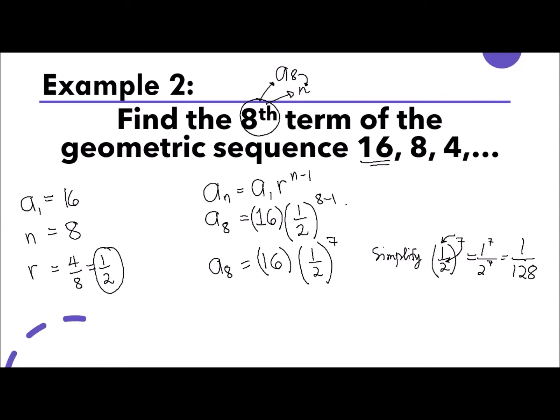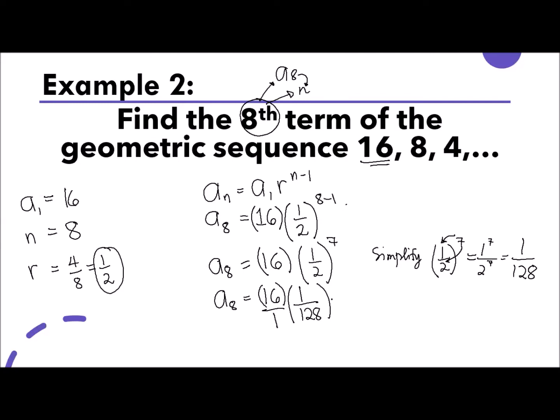Okay, let's move on. So, we're going to simplify it now. A sub 8 is equal to 16 times 1 over 128. Then like what I've said to you a while ago, on the last video, dahil whole number ang 16, lagyan natin ng over 1. Okay?